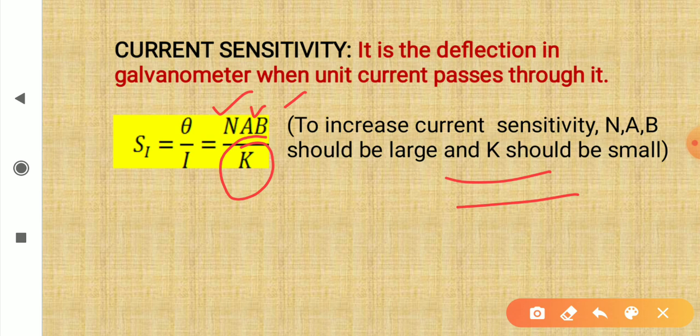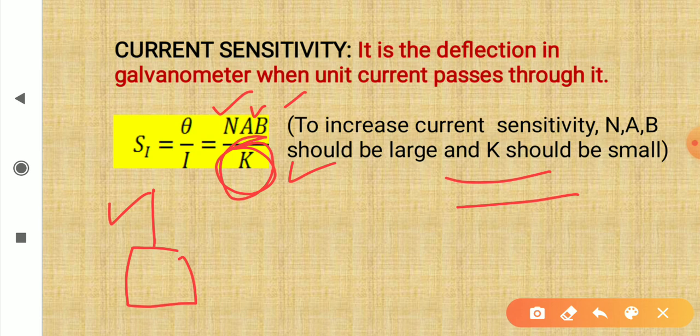Now K is restoring torque per unit twist of the phosphor bronze wire. जिस वायर से हमने इसको लटका रखा है, इसका ये restoring torque per unit twist है. इसका मतलब ये है कि छोटे से छोटे टर्न के लिए भी there will be large deflection.